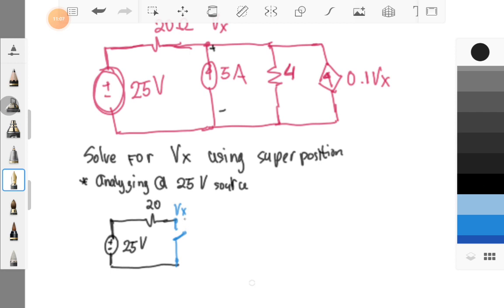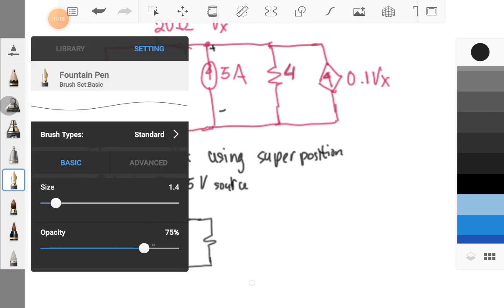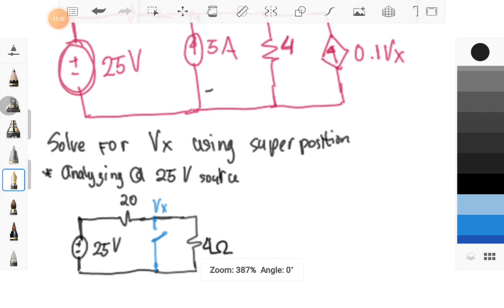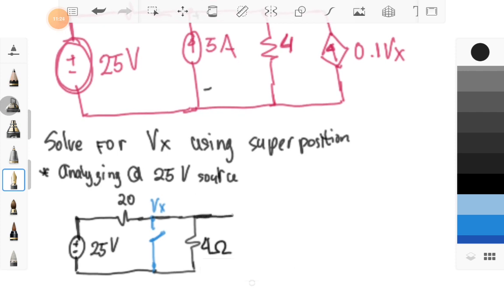Okay, and then we have our 4 ohm, and then we have our dependent current source, which is equal to 0.1 Vx.